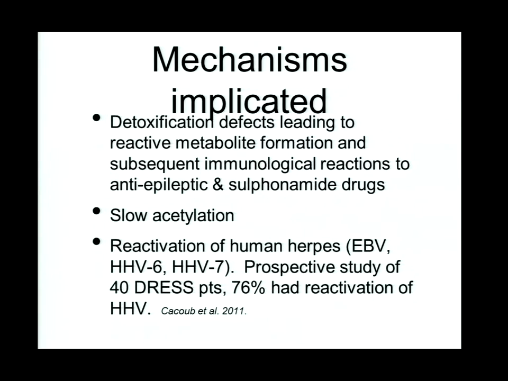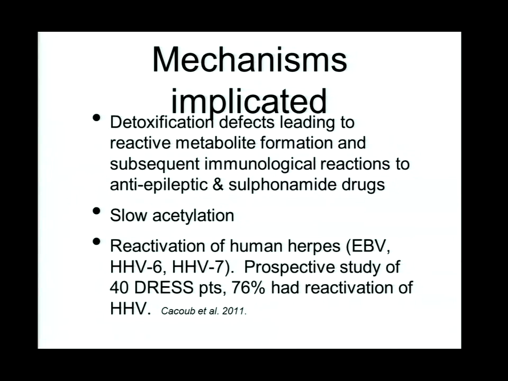And so there are several mechanisms depending on the drug that's implicated in DRESS syndrome, but there's evidence of detoxification defects leading to reactive metabolites in a lot of the anticonvulsants, as well as association with the sulfonamide-related DRESS syndrome. Slow acetylation is associated with a few.